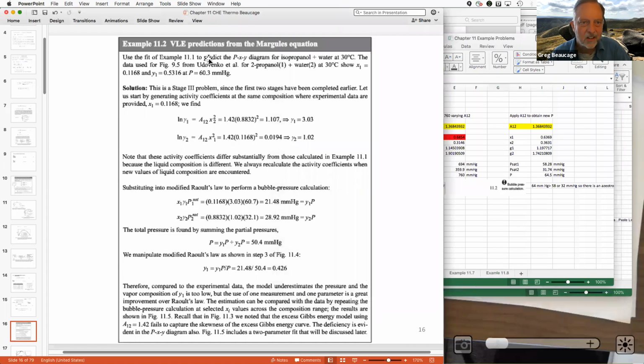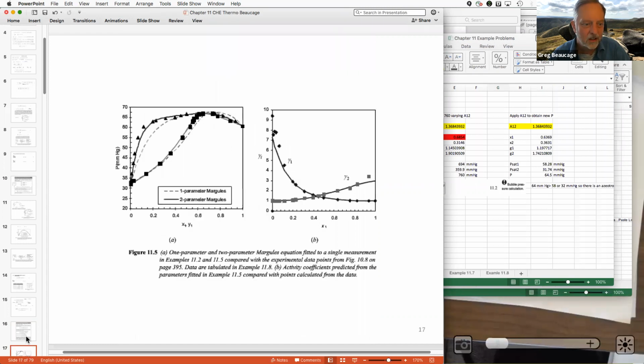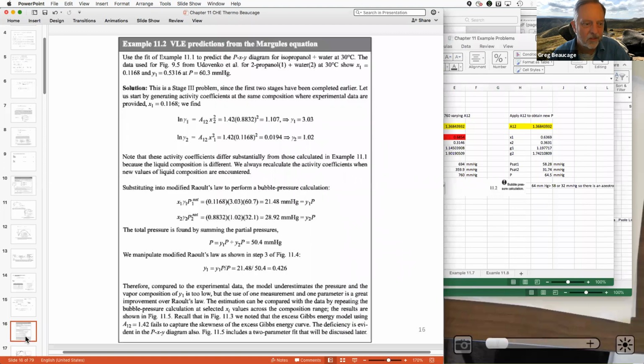It uses the fit of 11.1, which gave a Margules coefficient to predict the PXY diagram used for figure 9.5.